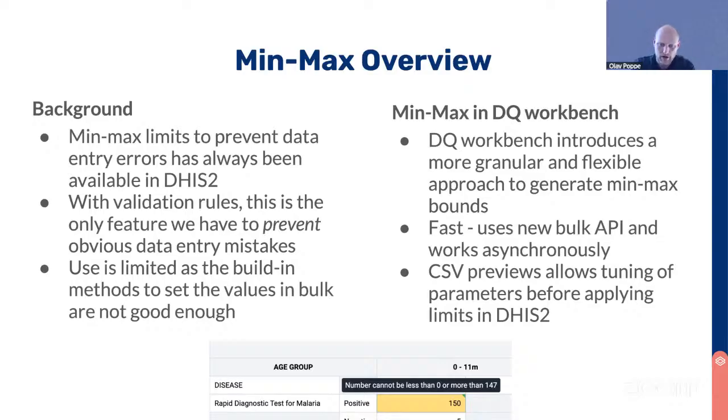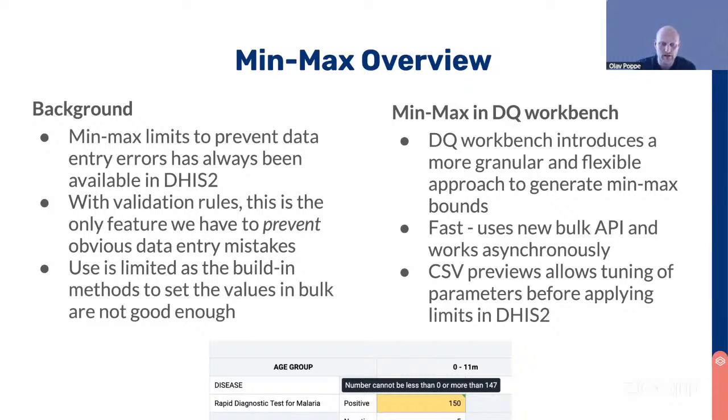As a background, I'm sure many of you have seen this min-max functionality in DHIS in some form. It's been there for as long as I can remember. There's a small screenshot at the bottom here showing what it looks like in the new data entry app.